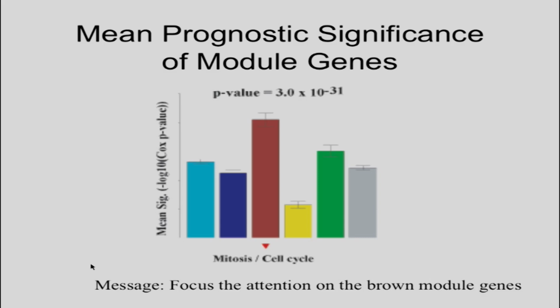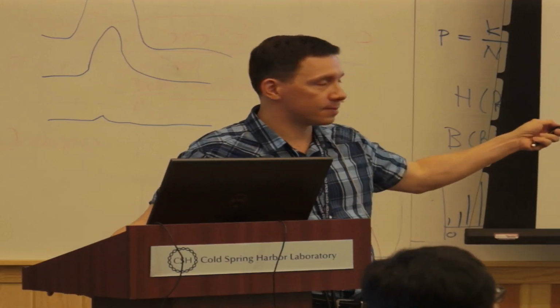Now we can form the average gene significance per module. And what we found is that this brown module contained a lot of genes that relate to cancer survival time. Clearly, it's an interesting module.